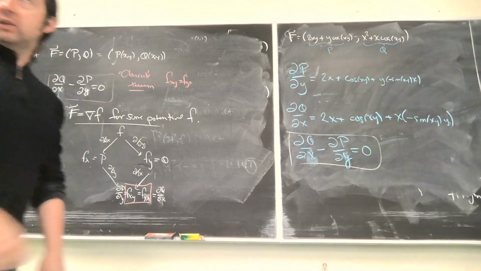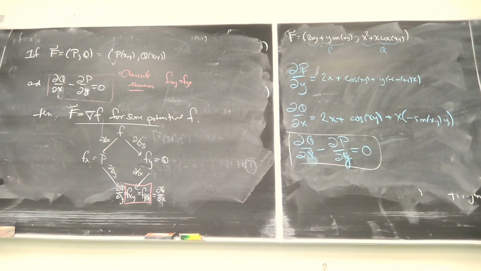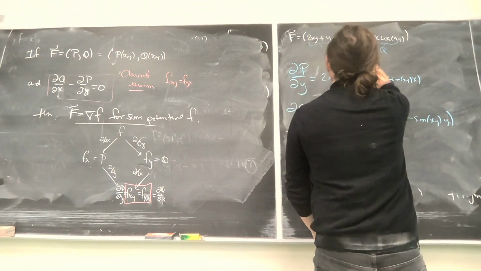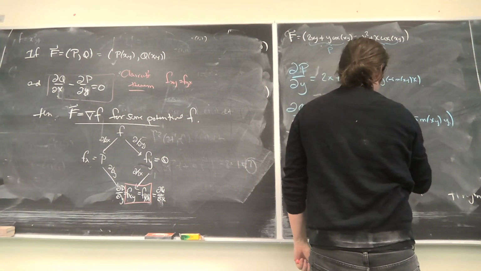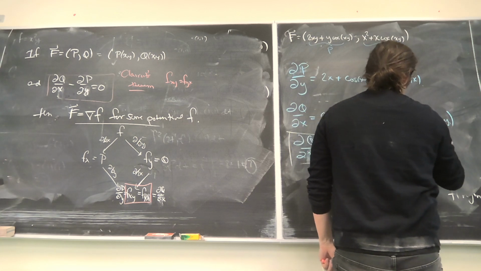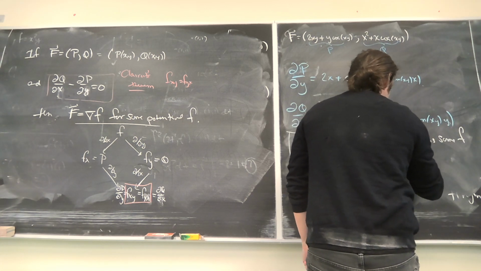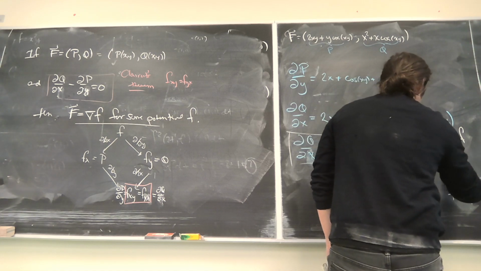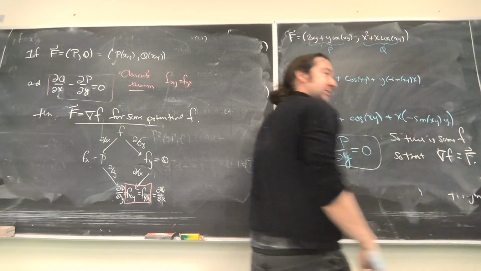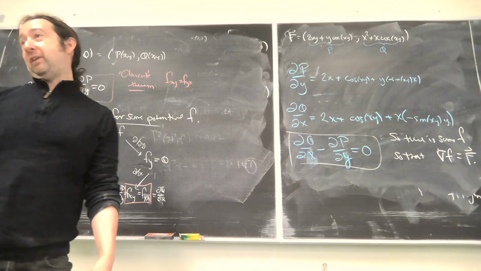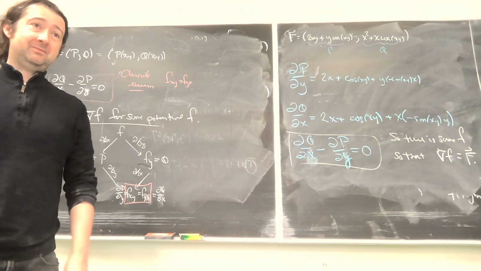This is an annoying part of math called an existence theorem. It says there exists some function f that has this as its gradient. So there is some potential function f so that the gradient of f is equal to our vector field. I didn't tell you how to find it. I just told you there is one.